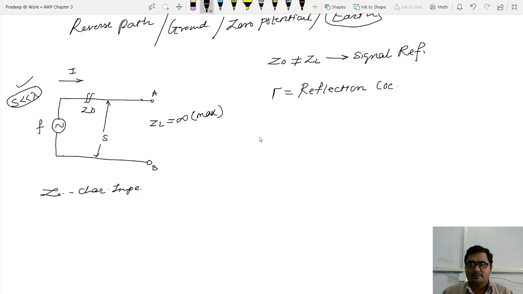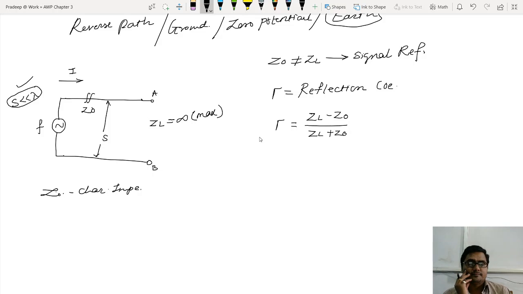Some people call it the tau signal. What is that reflection coefficient? You remember your electromagnetic theory subject. You recall that it is ZL minus Z0 divided by ZL plus Z0. That's what we have studied. This is your reflection coefficient.